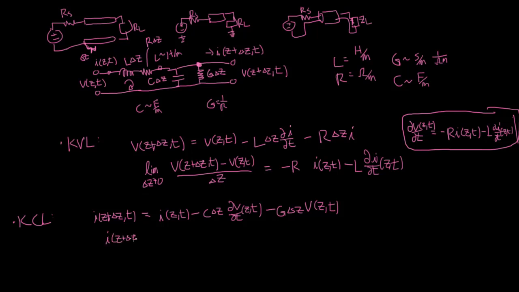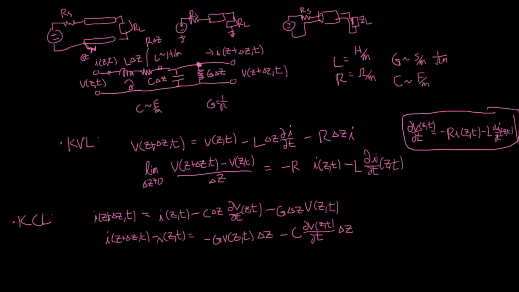We have I of z plus delta z, t minus I of z, t is going to be equal to, if we want to keep the formulation the same, let's put the conductance in the first part, so minus G v, then let's just put the delta z over here, knowing what we're about to do to it afterwards, minus C dv/dt, and then there's the delta z.